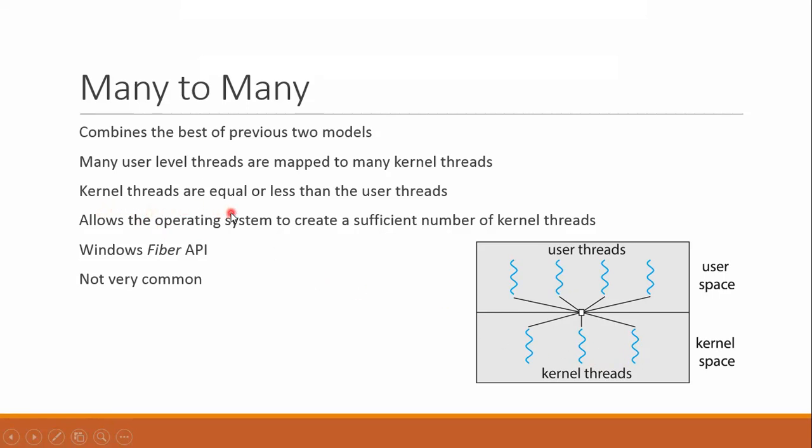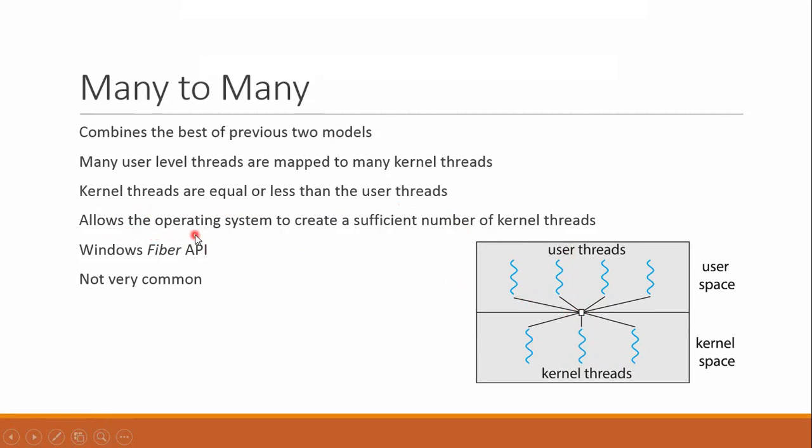The kernel threads are equal or less than the user threads. Because this model multiplexes the user level threads to kernel threads, the kernel threads may be equal to user threads, or maybe kernel level threads are less than the number of user level threads.